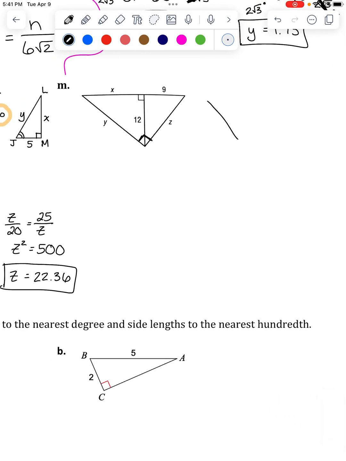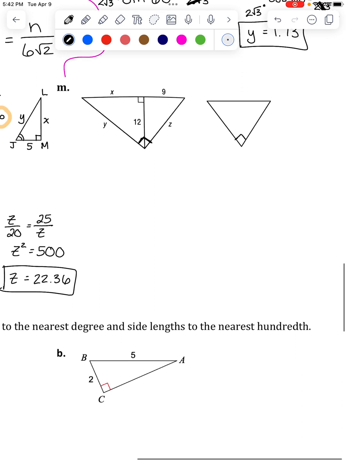Okay. Same idea. 3 triangles. Oops. That's not what I meant. That's not what I'm trying to do. Stop it. There we go. There's 1. There's 2.